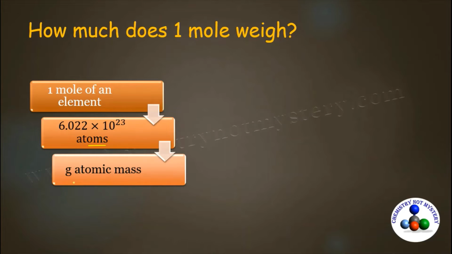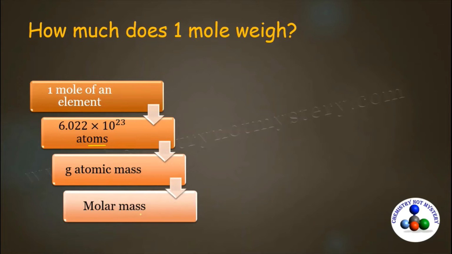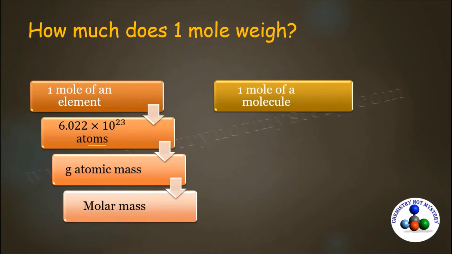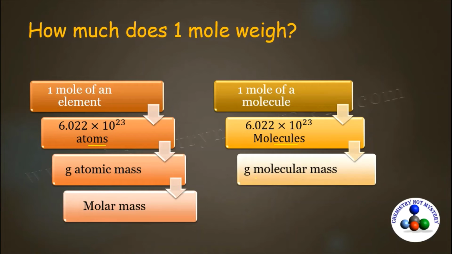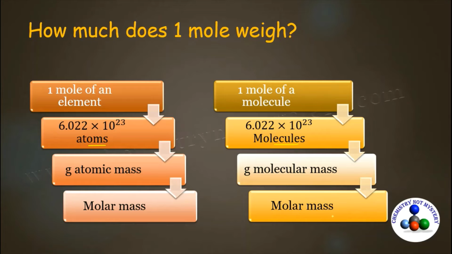And it exactly weighs equal to its gram atomic mass, or you can say molar mass of that element. Similarly, if I want to weigh 1 mole of a molecule, it will contain 6.022 × 10^23 molecules, and it exactly weighs equal to its gram molecular mass, or you can say equal to its molar mass.